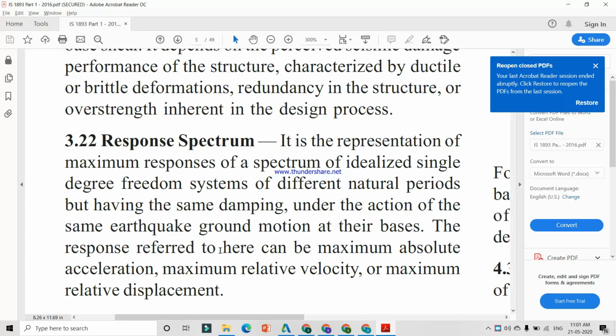That means the response referred to here can be maximum acceleration, maximum relative velocity or maximum relative displacement.